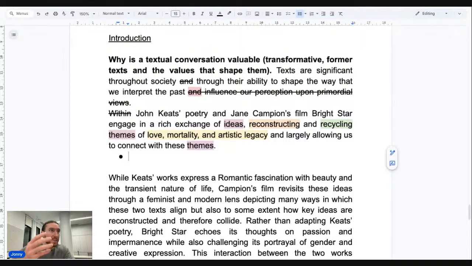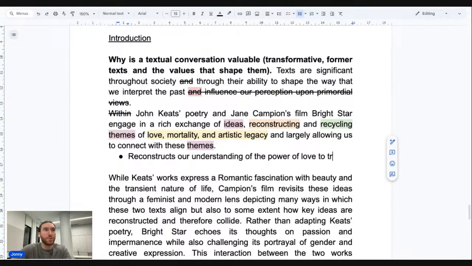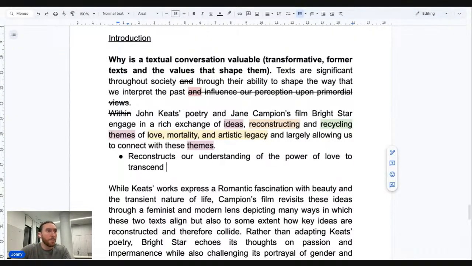So instead of saying love, mortality, and artistic legacy, you might say it reconstructs our understanding of the power of love to transcend one's mortality, right? I'm just coming up with a random example based on these two words here.